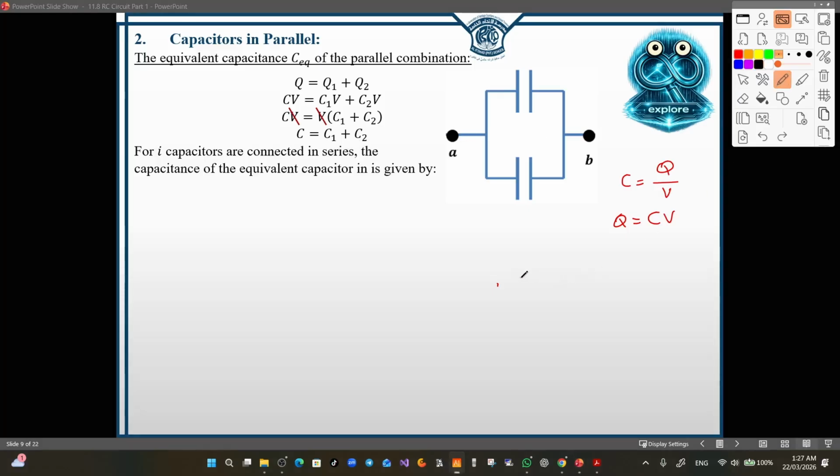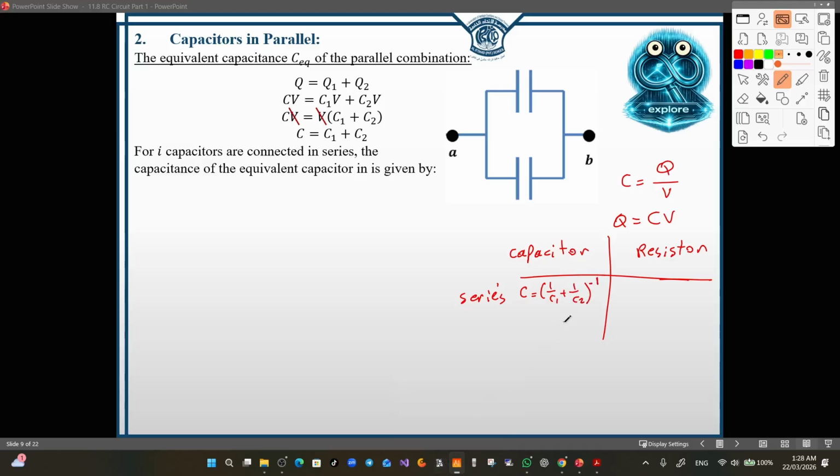So in summary, for capacitor and resistor, the equivalent in series for the capacitor will be C equals 1 over C1 plus 1 over C2, all to the power of minus 1.